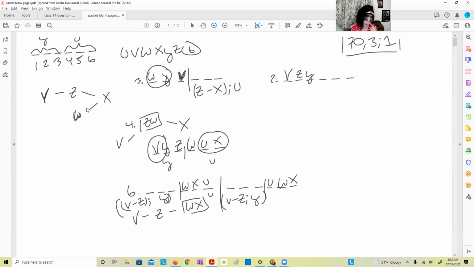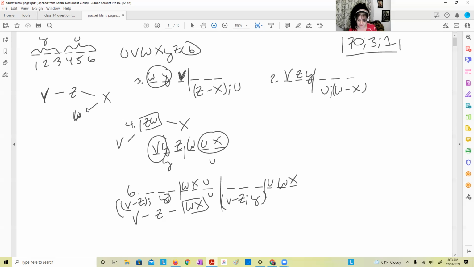And then what else would I have left? U would be anywhere in the last 3. And then W and X would need to be in that order. So the earliest that W could perform is 4. It can't be any earlier than that. So the answer is C.